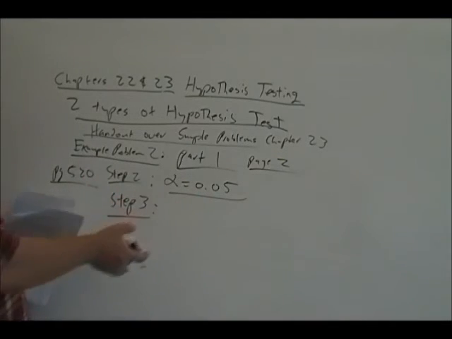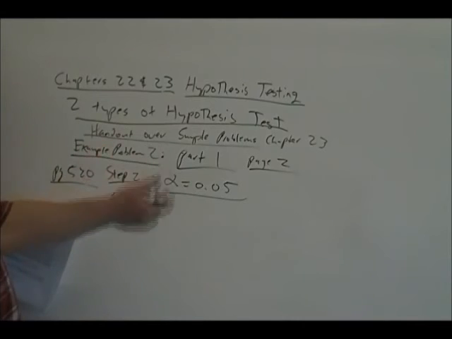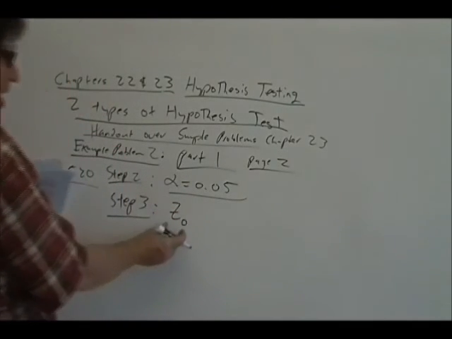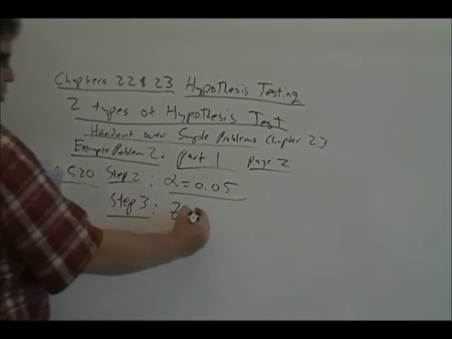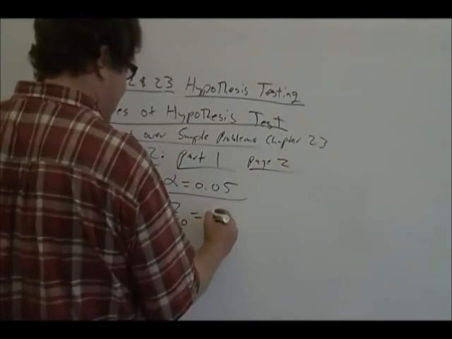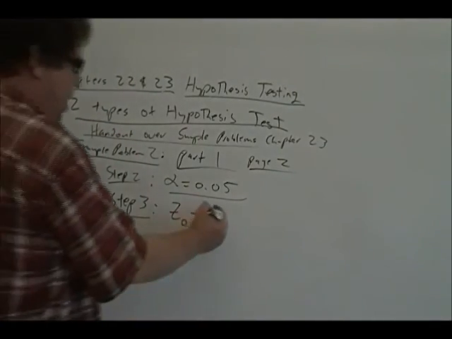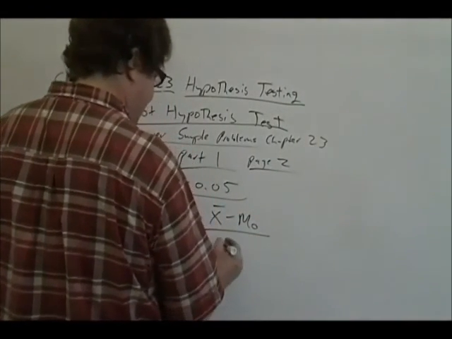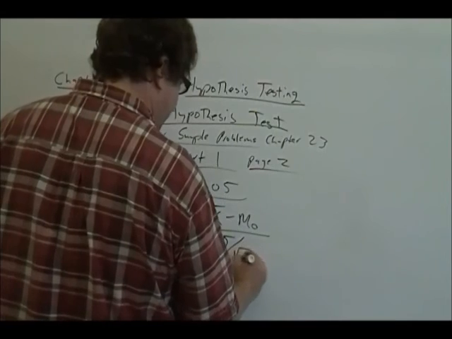But because we're testing a claim about population means and not population percentages, we're going to get a slightly different formula for the test statistic. We still call it Z0. It's still going to be treated like a Z-score. But if you look at the test statistic given in step 3 on page 520 or 521, the Z is going to be x bar minus mu naught divided by sigma over the square root of n.